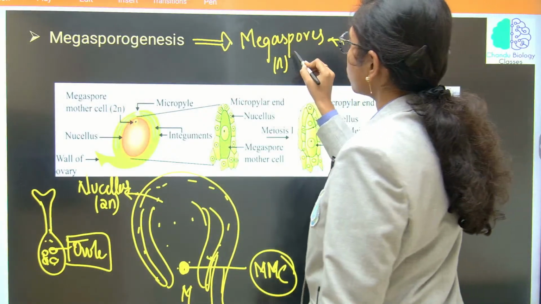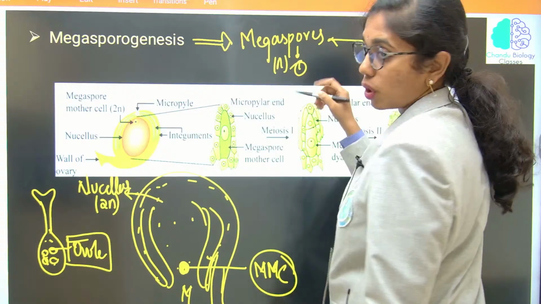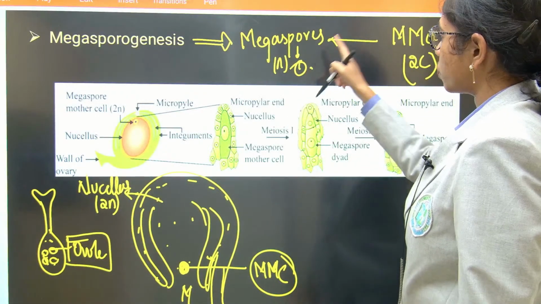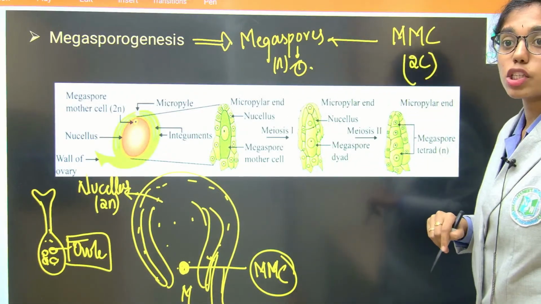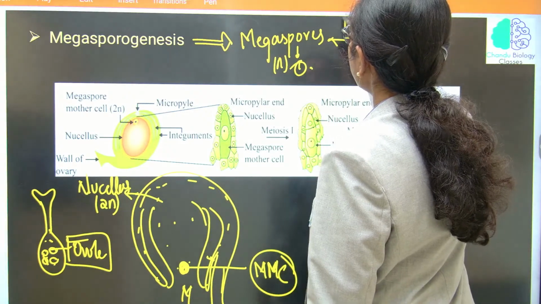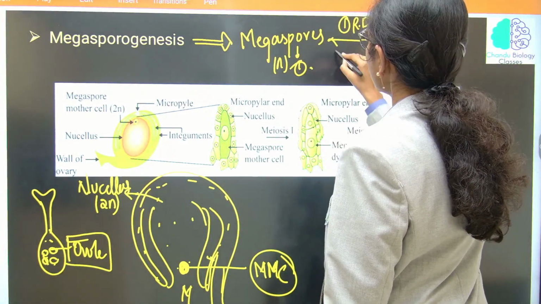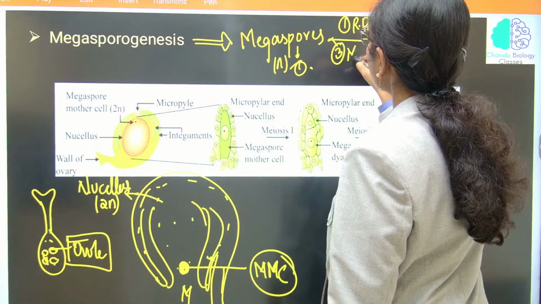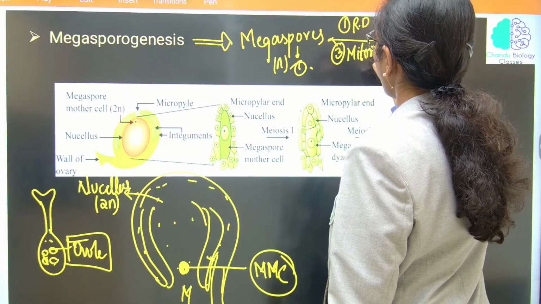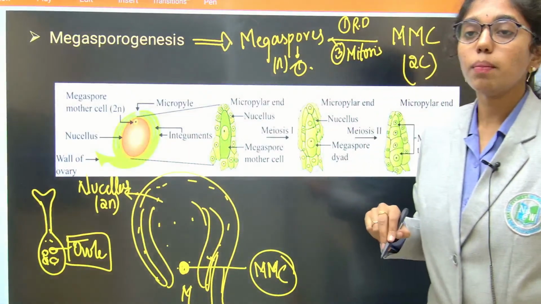There is only one functional megaspore, formed via one meiotic or reductional division, and then three sequential mitotic divisions.